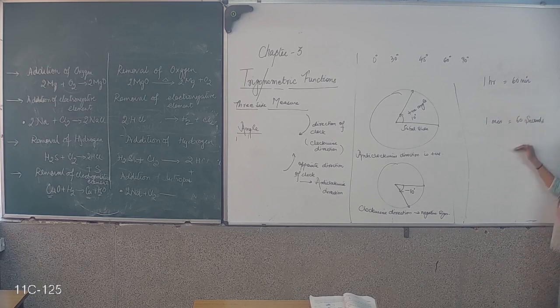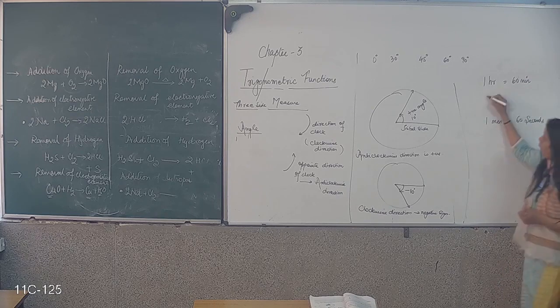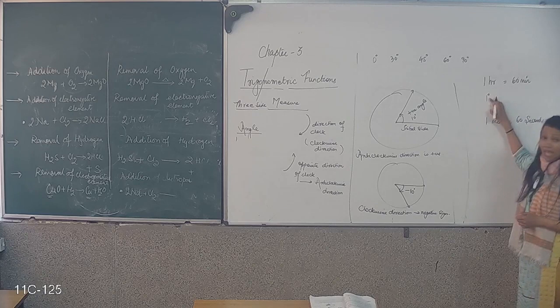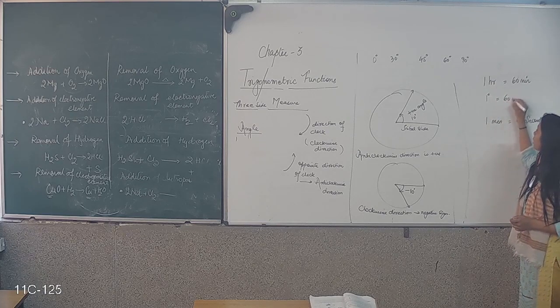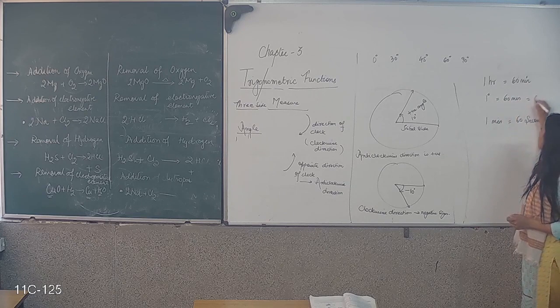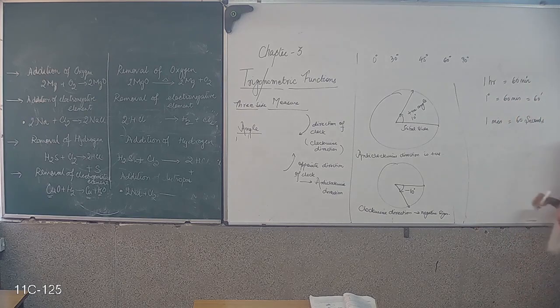Now we relate it with the degree. So degree is acting like an hour. 1 degree is equal to 60 minutes, and we represent it by 60 and a dash. This dash is the representation for the minute.